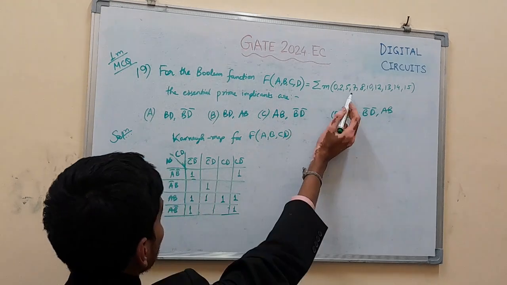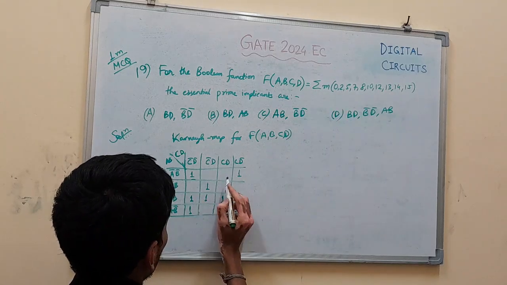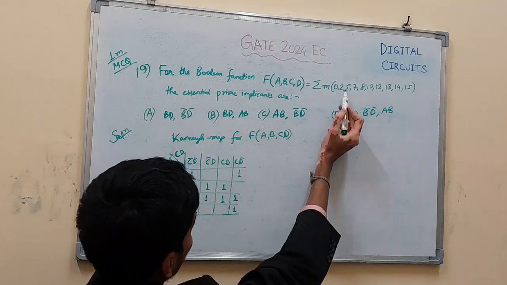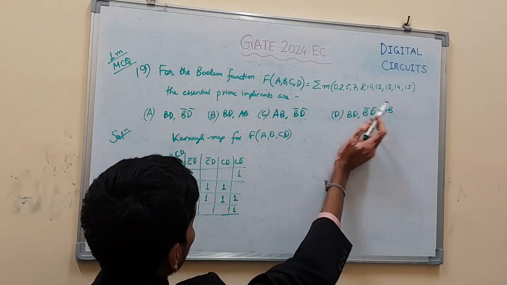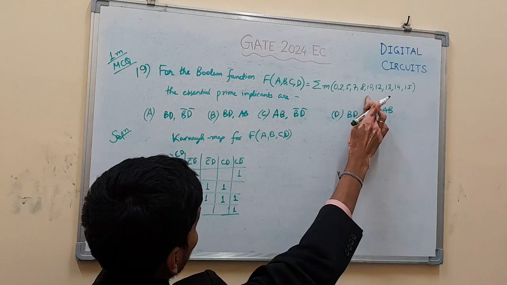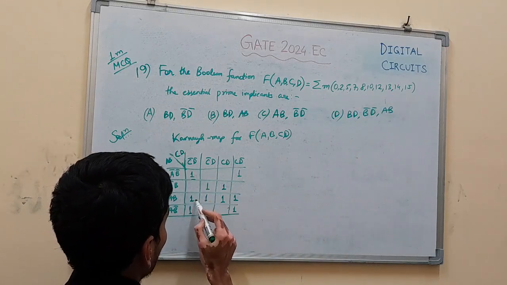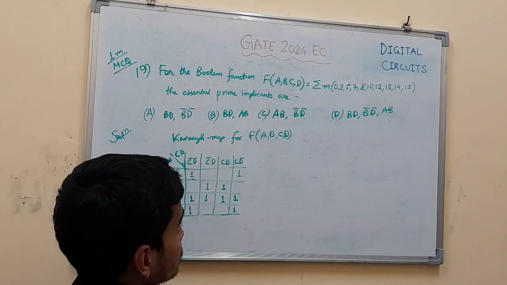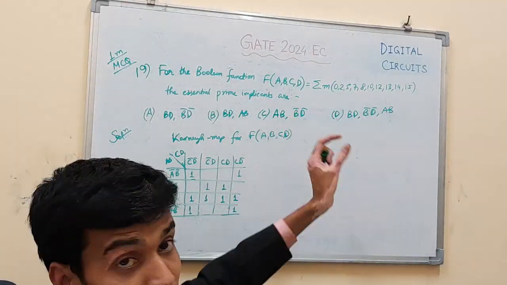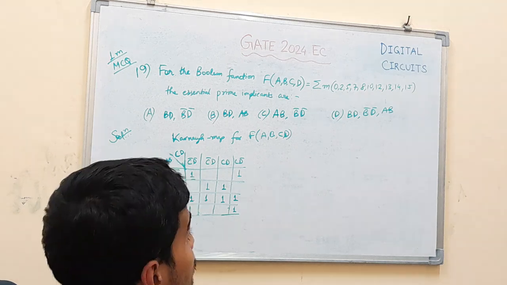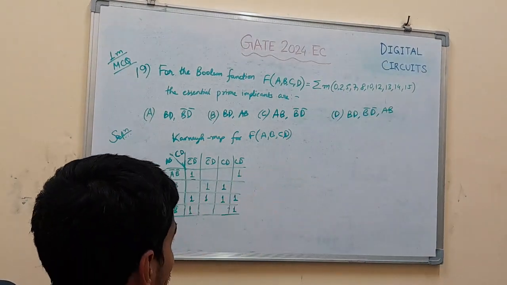Oh, 7 I missed. 7 means 0 1 1 1, so here. How many ones are there? Let's count: 1 2 3 4 5 6 7 8 9 10. So it's correct. Map all the ones from the sum of minterms expression to the K-map.